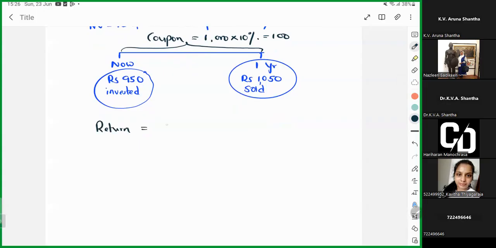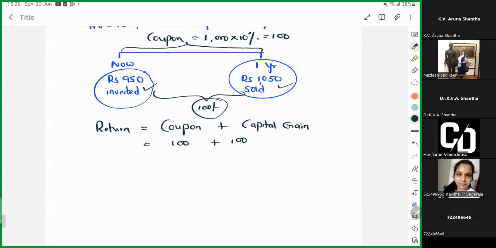Return is coupon plus the capital gain. So coupon is 100. Capital gain, you bought at 950, sold at 1,050, so capital gain is the profit from sale of your debenture. Gain is 100. Then total return is 200.